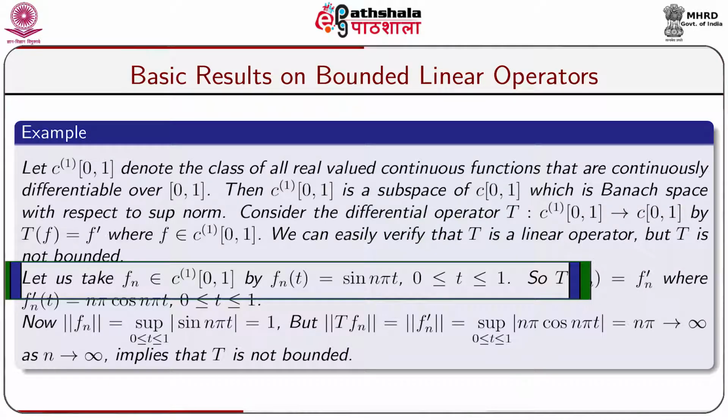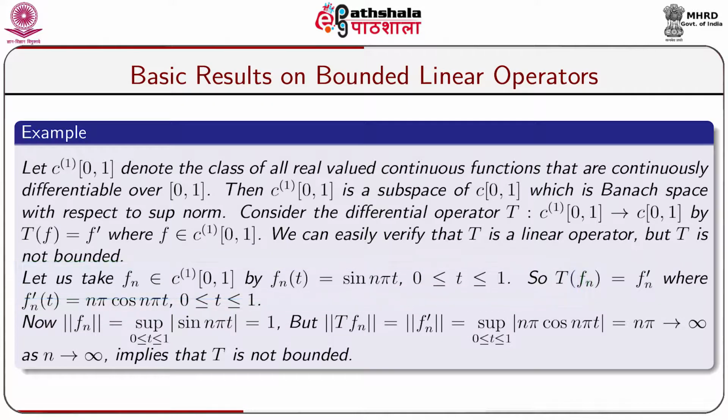Let us take f_n belonging to C¹[0,1] by f_n(t) = sin(nπt), where 0 ≤ t ≤ 1. Clearly, f_n(t) are differentiable. So, T(f_n) = f_n', where f_n'(t) = nπ cos(nπt), where 0 ≤ t ≤ 1.